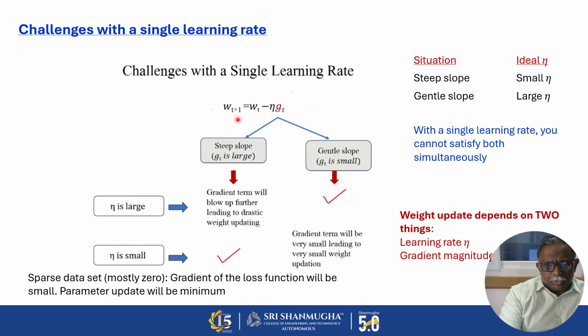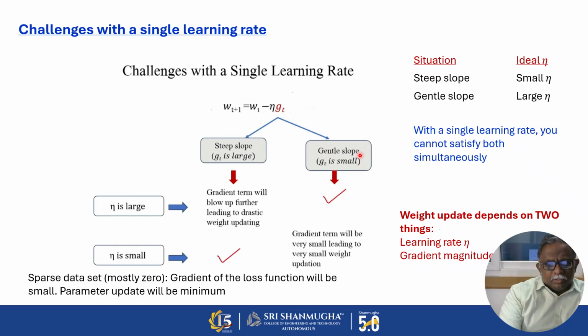W t plus 1 is the new weight, and this is the old one, minus eta g t. g t is the gradient of the loss function with respect to the weight. When you have a large g t, the slope is going to be steep, and when you have a small g t, it is going to be a gentle slope.